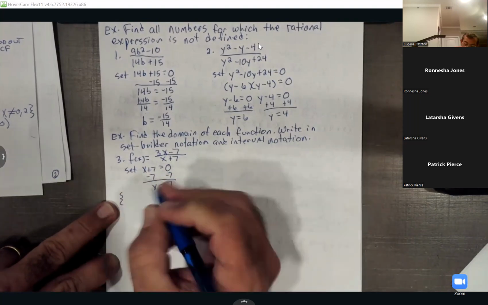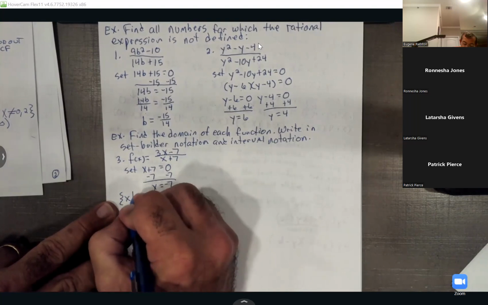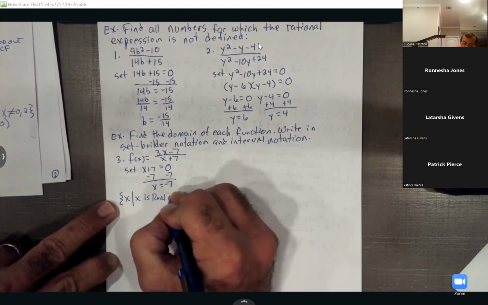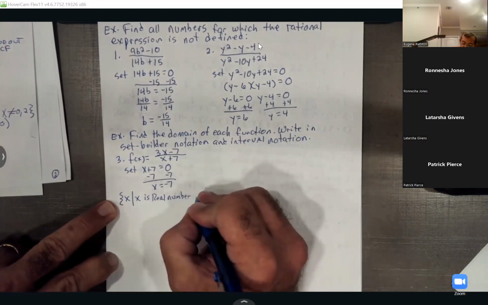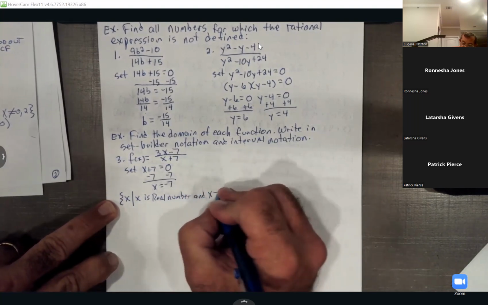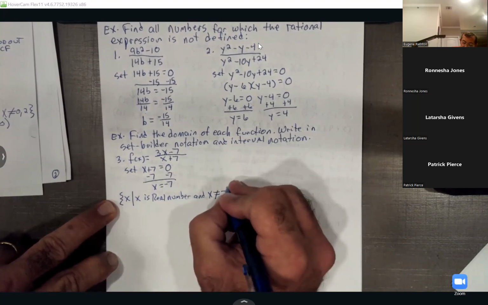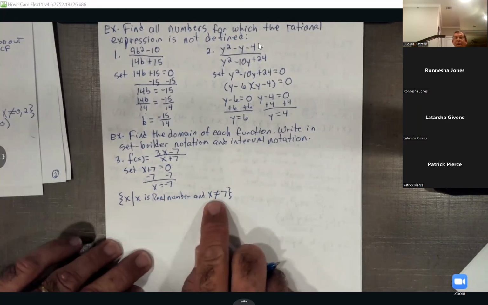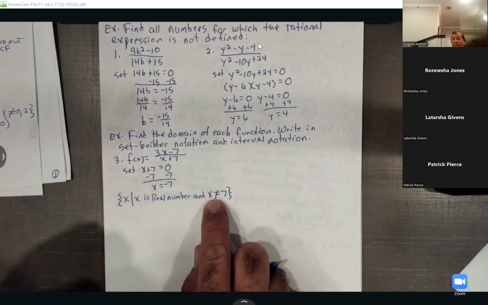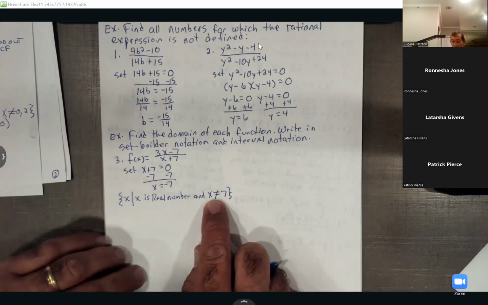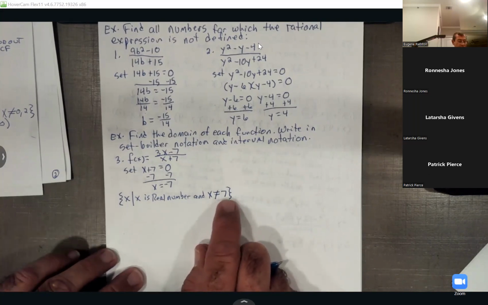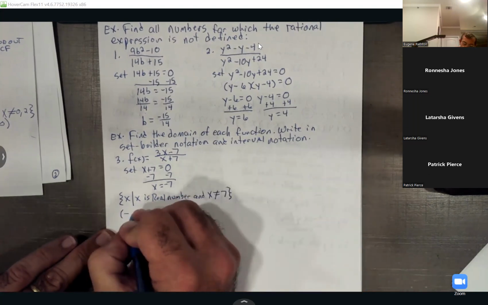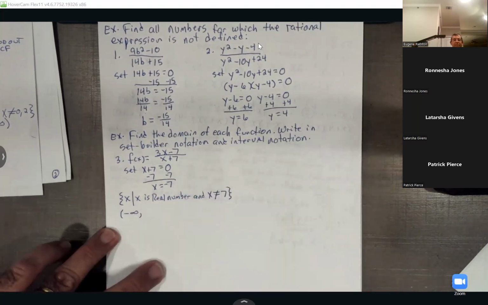So set builder notation would be x such that x is a real number and x cannot equal 7. Now be careful on that because they do have one where they got equals. If you pick the one that's got equals, it'll mark it wrong. You need the one that says it cannot equal 7. All right, interval notation would be, all of these are going to start at negative infinity.